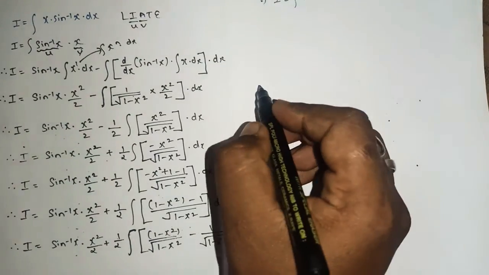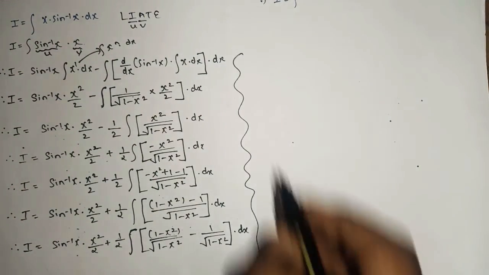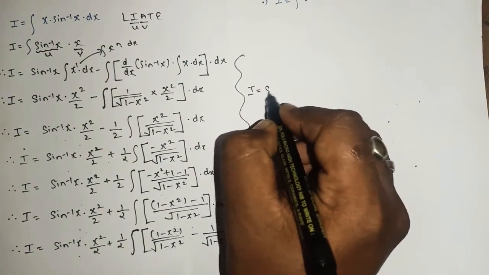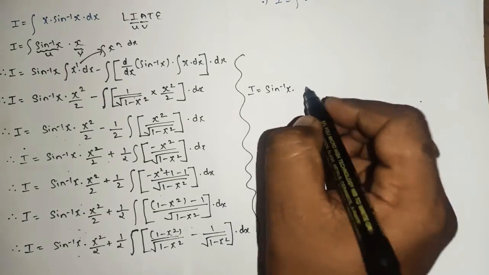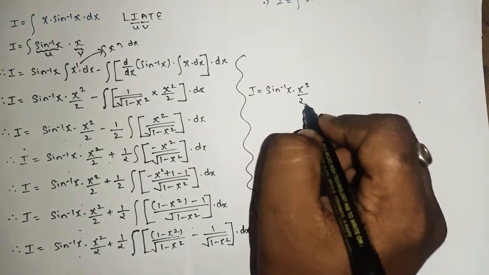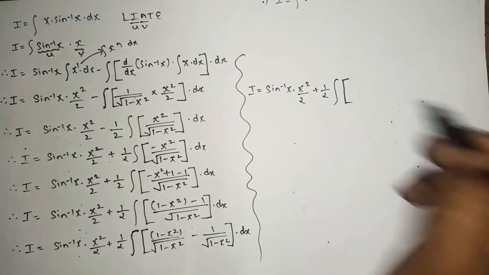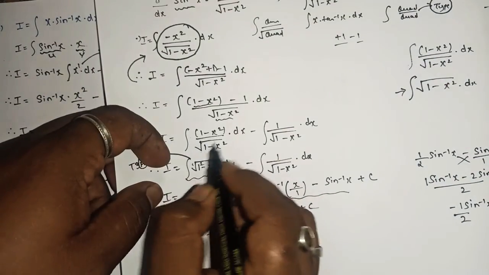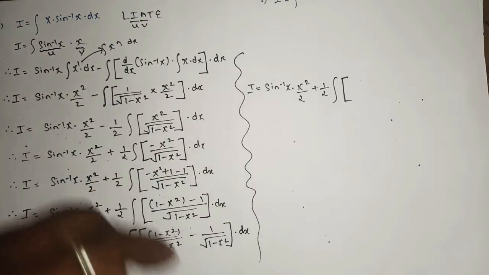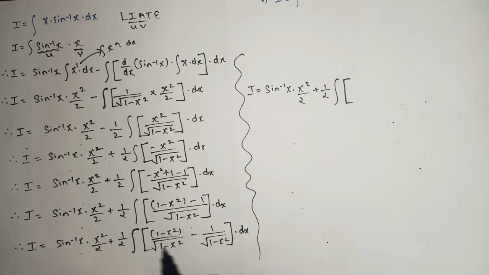Got the point? So the remaining part we will solve here. I equals sine inverse x into x square upon 2 plus 1 upon 2. As I had explained here, whenever you come across something like this, we can directly write 1 minus x square upon root 1 minus x square.